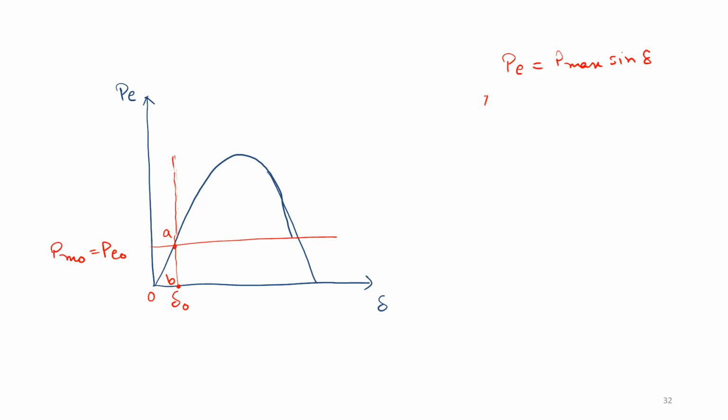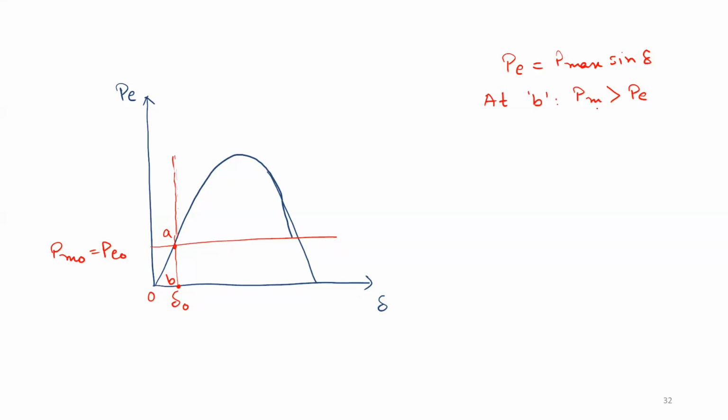Okay. Now tell me, at B, what is the relationship between your PM and PE? PM greater than PE. Very good. PM greater than PE because PM is fixed.